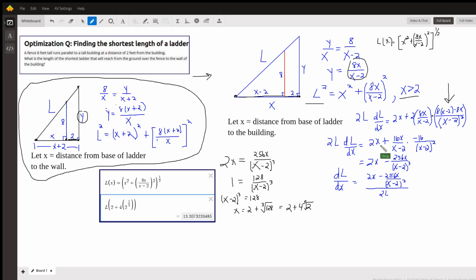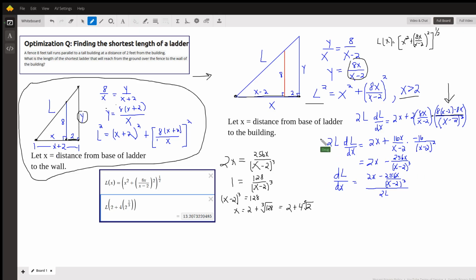So that's 2x plus 2 times 8x is 16x. This numerator over here simplifies to minus 16 because the 8x's cancel out. And so there is 2x minus 256x over (x minus 2) quantity cubed.